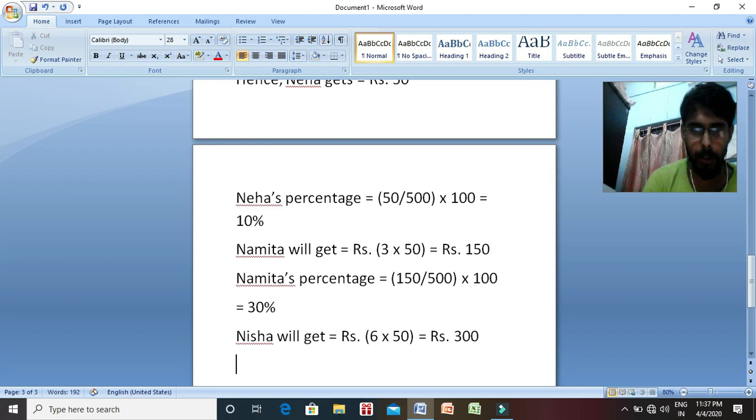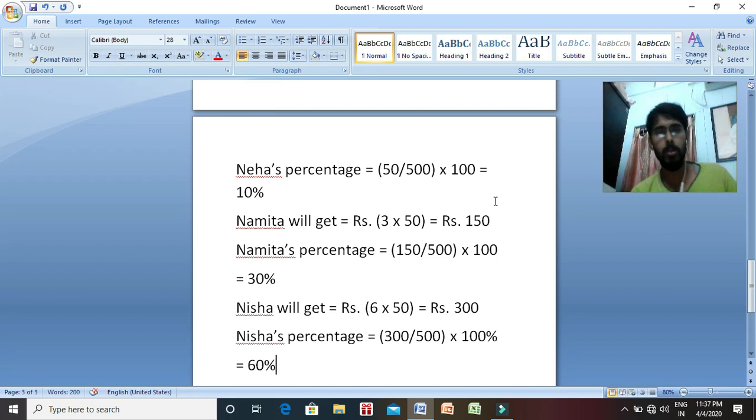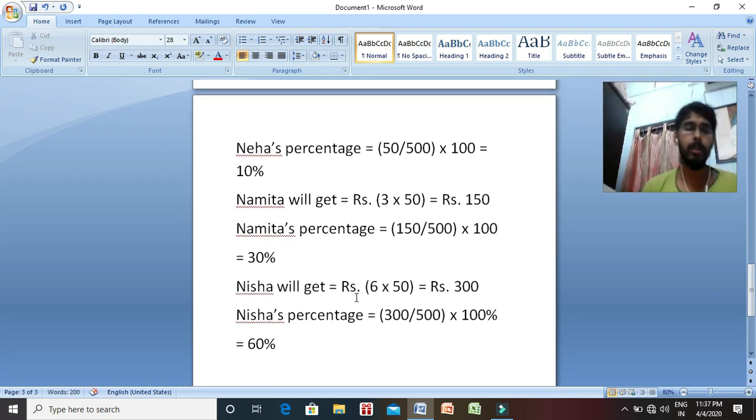Okay, so Nisha's percentage will be equal to 300 by 500 into 100 percent, which is equal to 60 percent. So this is the end of this particular question.